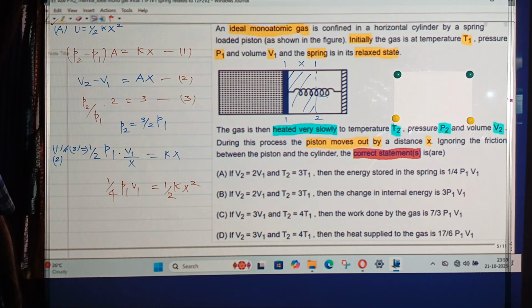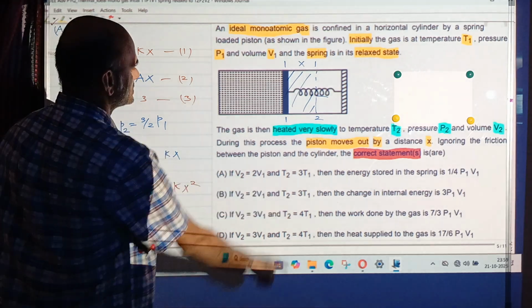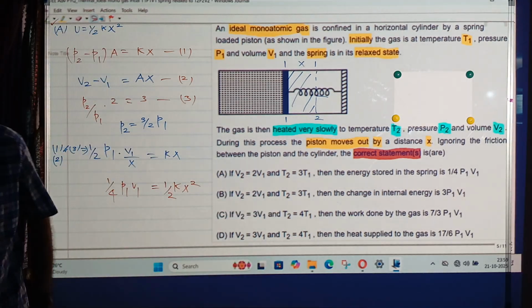Option B: volume ratio is same, temperature ratio is same. I have to find the change in internal energy.